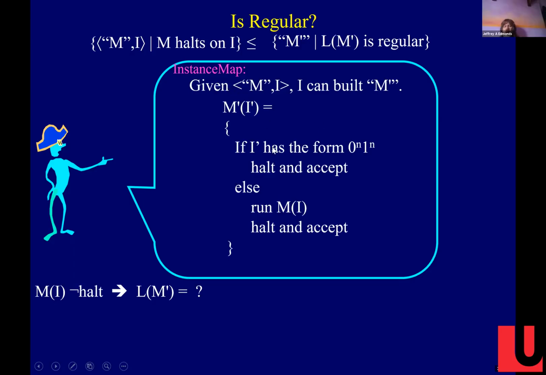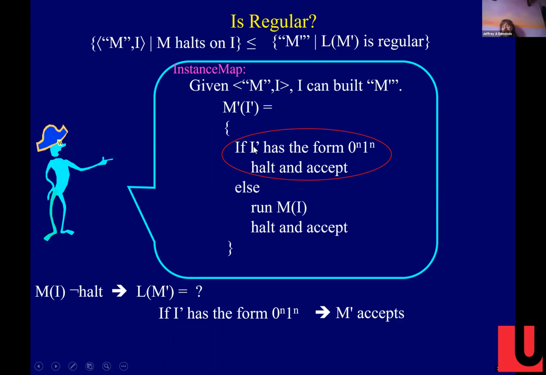Well, if I prime has this form, what does M prime do? It halts. I'm just trying to figure out this case; assume M doesn't halt on I. What does M prime do? Well, there are various cases.